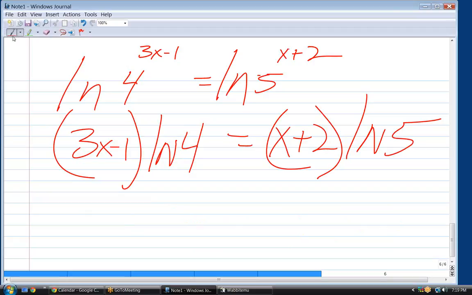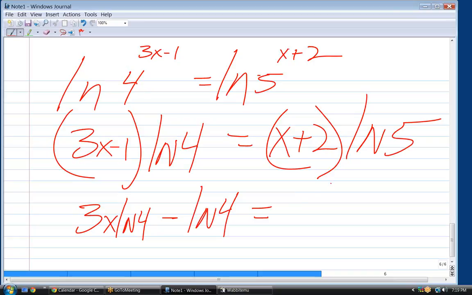So let's distribute. 3x natural log 4. And on the right side? x natural log 5 plus 2 natural log 5.